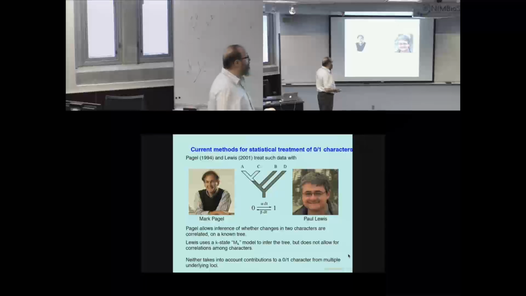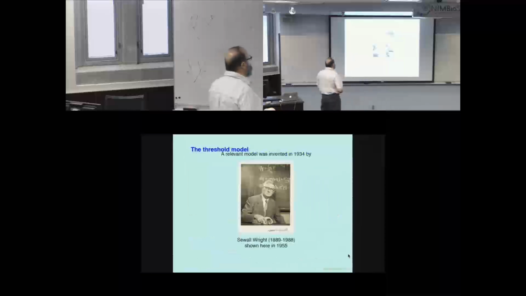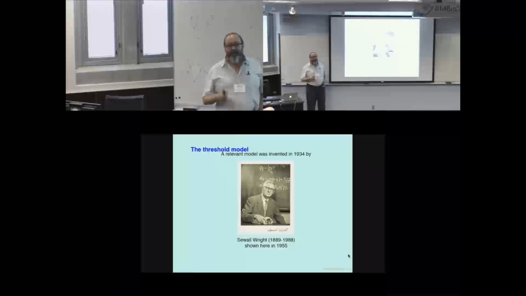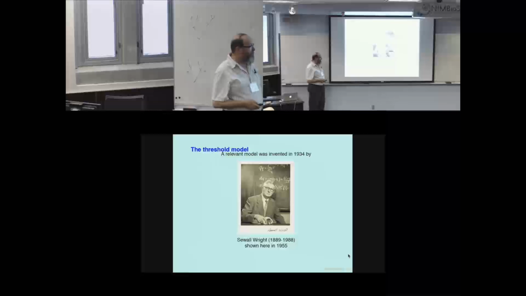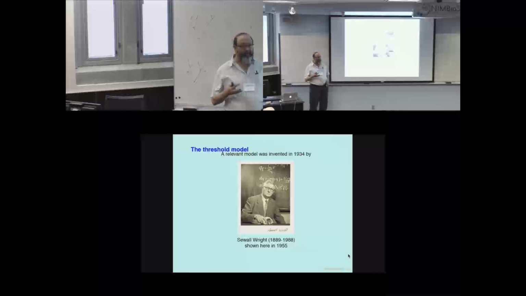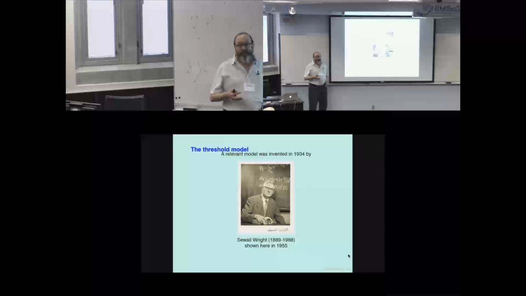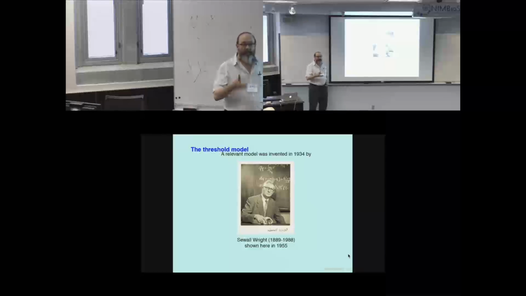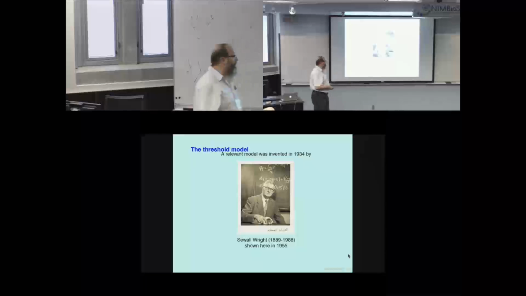The alternative to this actually already existed and had been in existence for 60 years. And that is the threshold model, which was invented by this fellow who you may know about, and that's Sewall Wright, who was one of the three great founders of theoretical population genetics, thereby I have a population geneticist prejudice that those people, Fisher, Wright, and Haldane, were who really kicked off the modern synthesis.